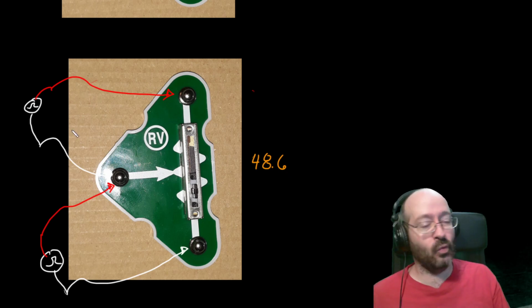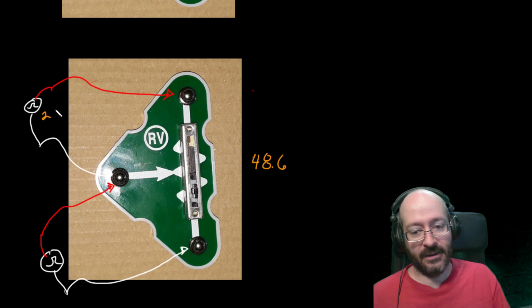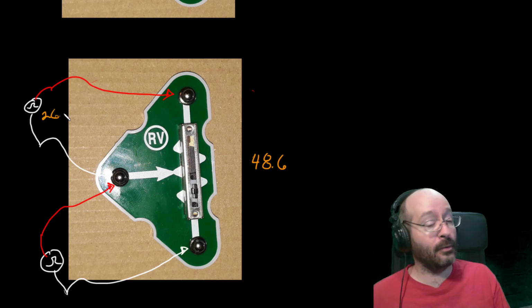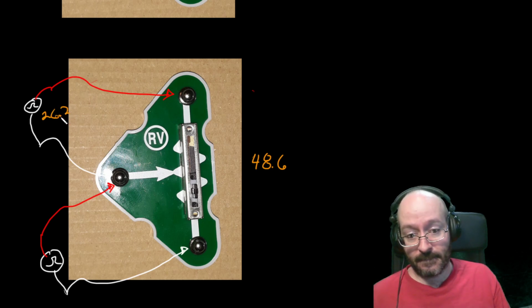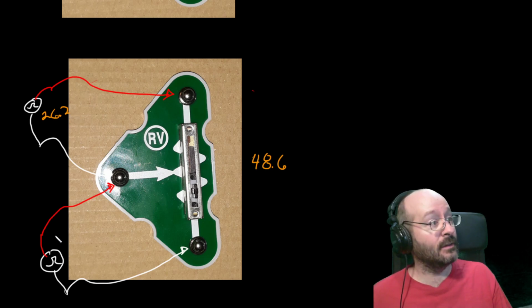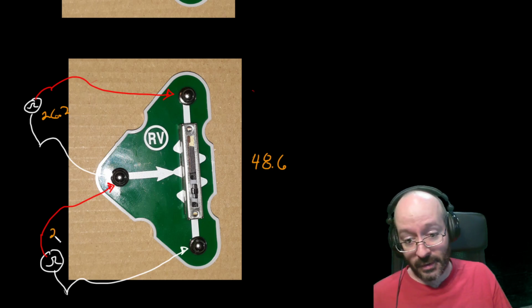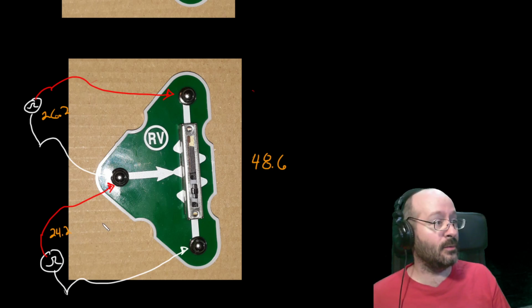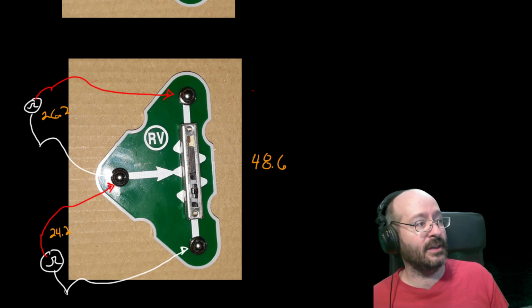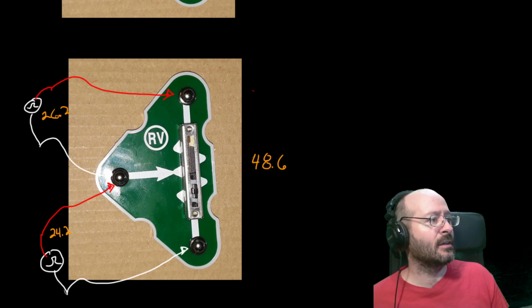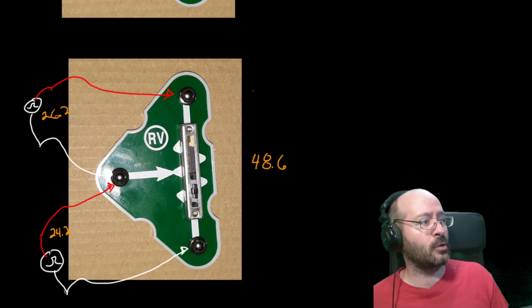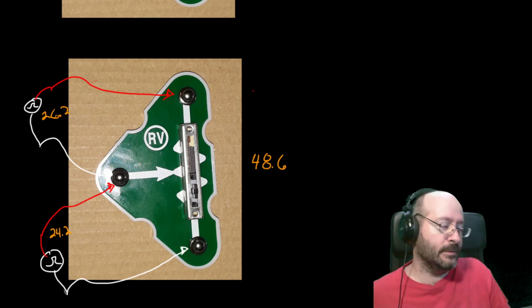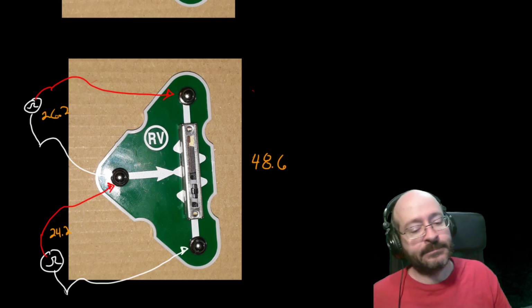And one or the other, I'm not sure which one, it doesn't really matter: 26.2 and 24.2. So again, we have a little bit of measurement error. Josiah's got 27.1 and 20.7, and he had 46 across the whole thing. Yeah, so there's a little bit of error, but this is life.